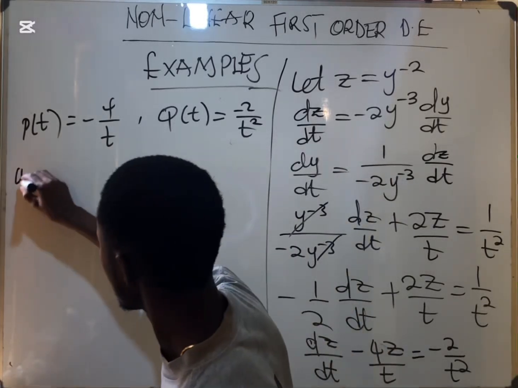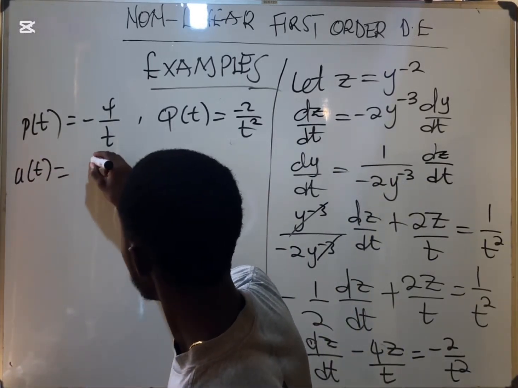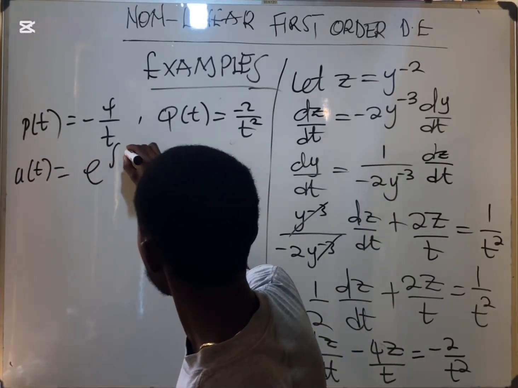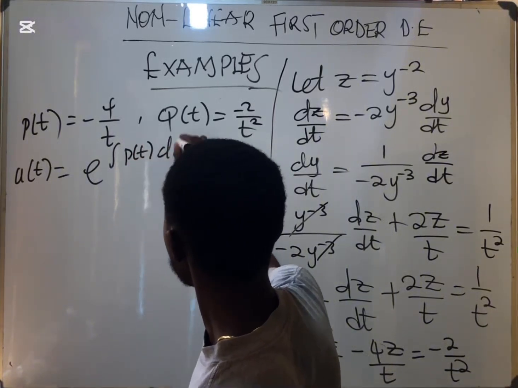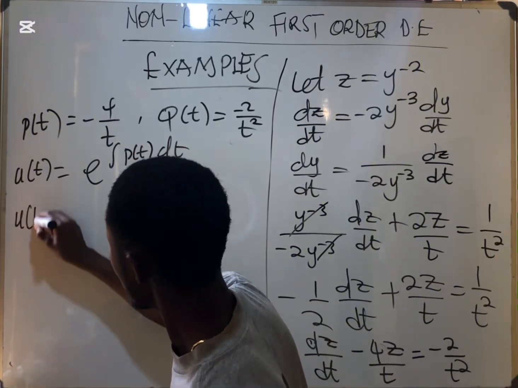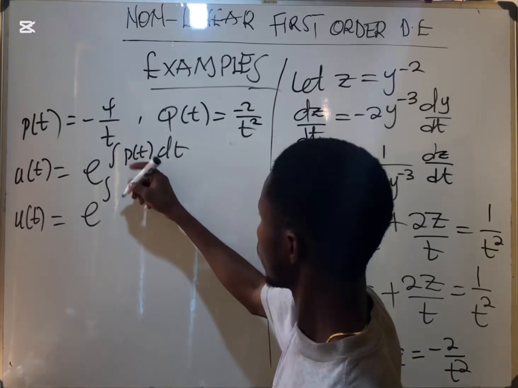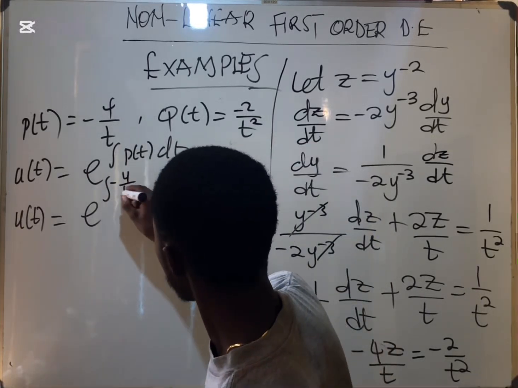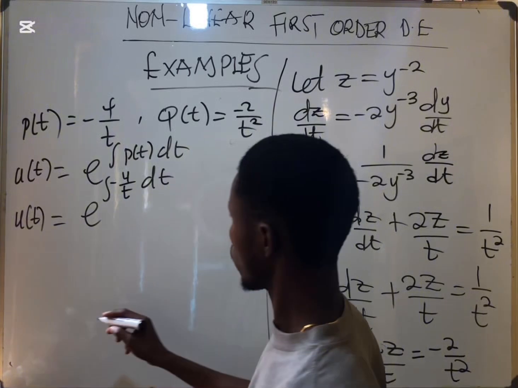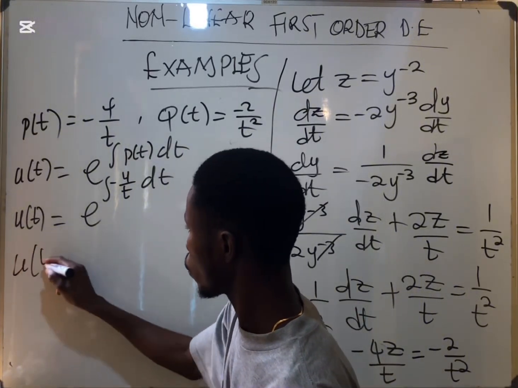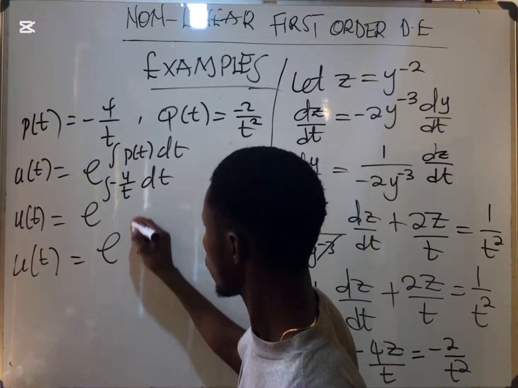So the integral of p of t dt, where p of t is negative 4 over t. So my u of t equals e to the integral.